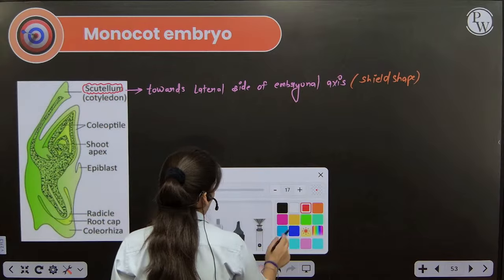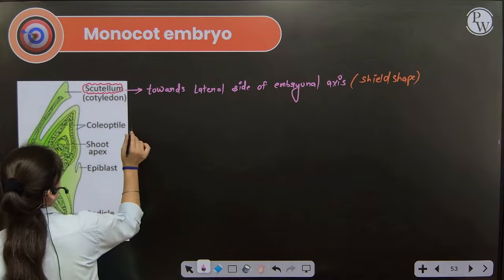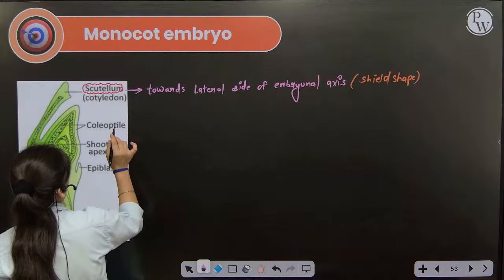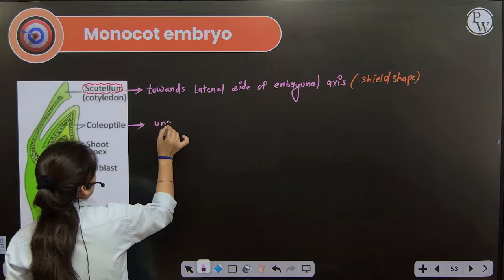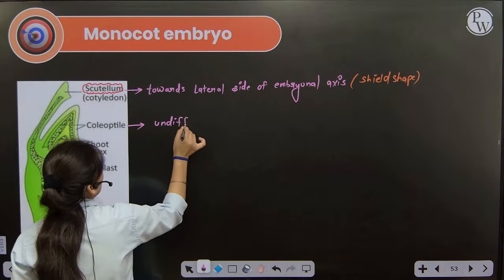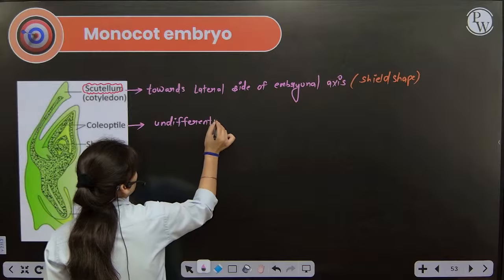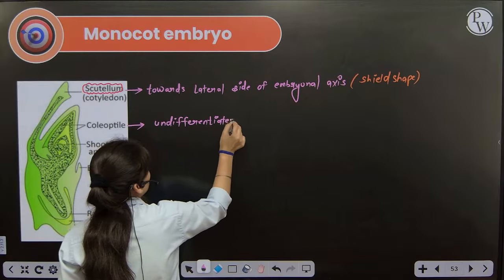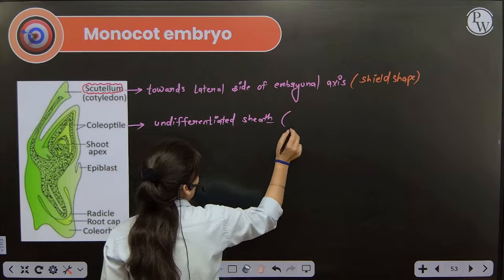Now embryonal axis. Embryonal axis has plumule. The covering of plumule is coleoptile. Coleoptile is an undifferentiated sheath around the plumule.